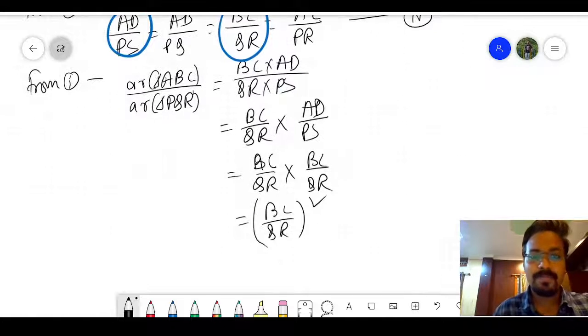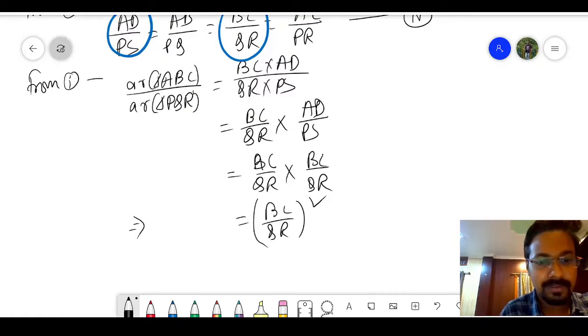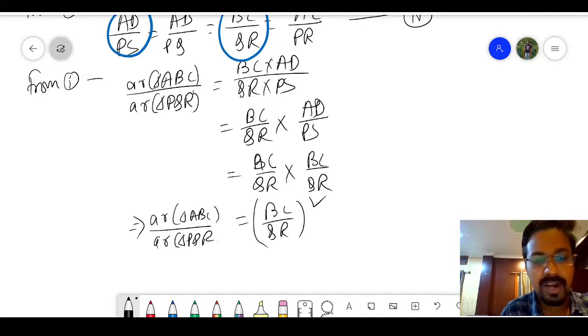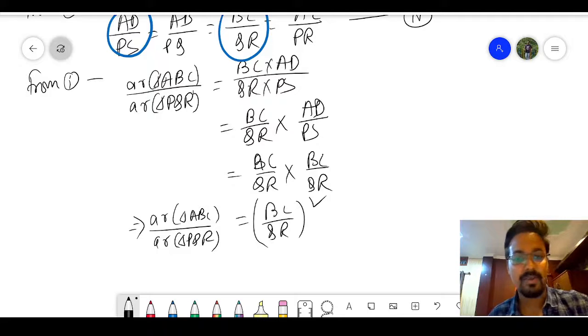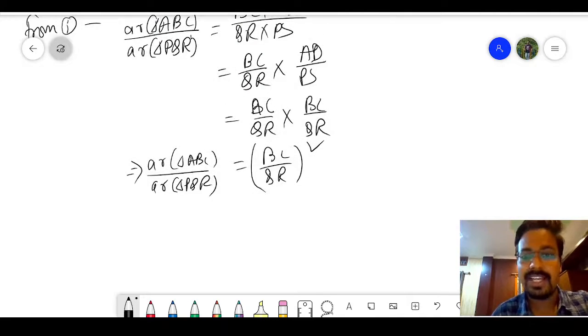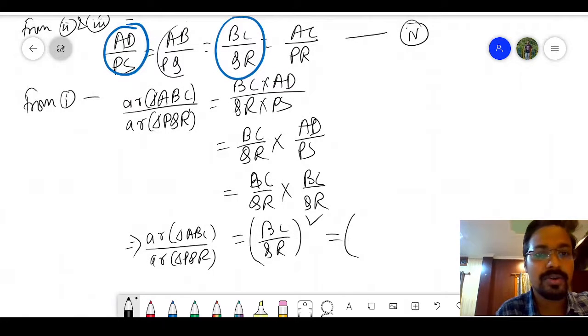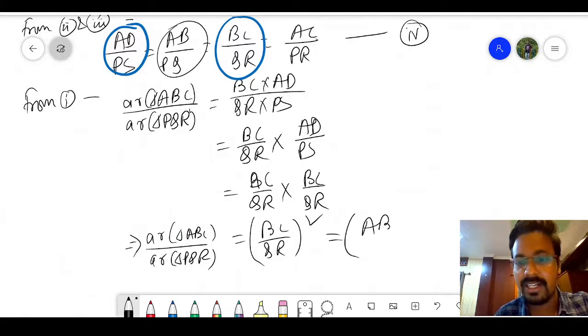So from this, the area of triangle ABC by the area of triangle PQR equals BC by QR whole square. Now since BC by QR is equal to AB by PQ, it can be written as AB by PQ whole square.